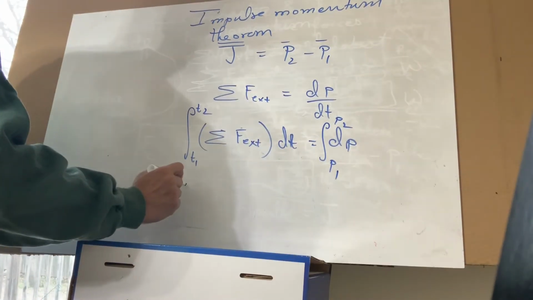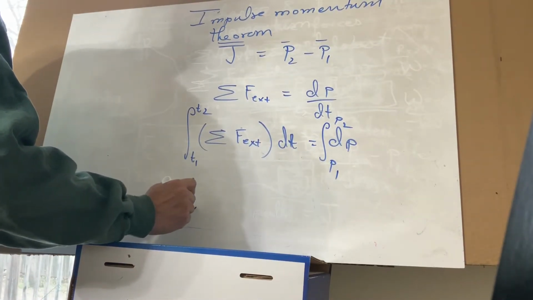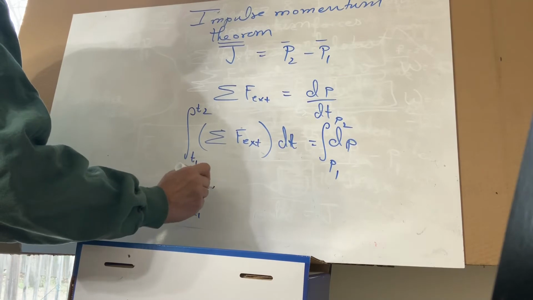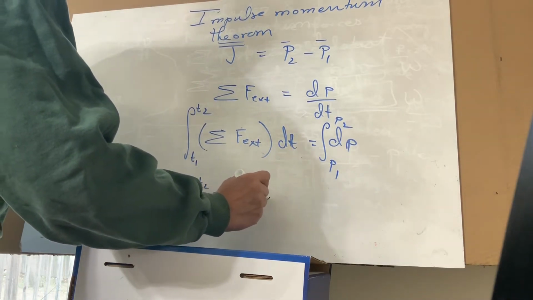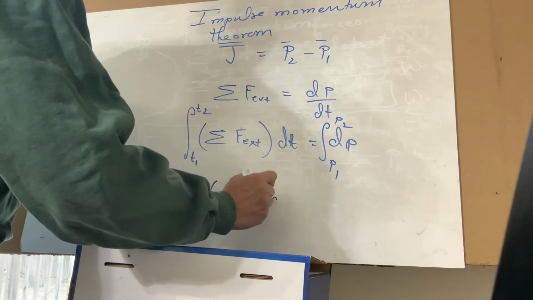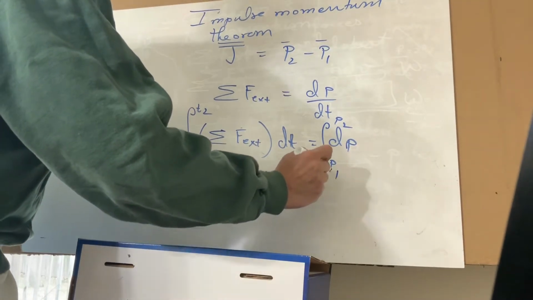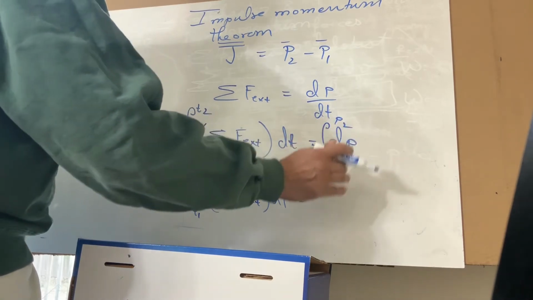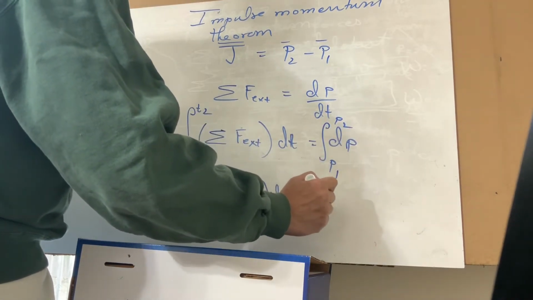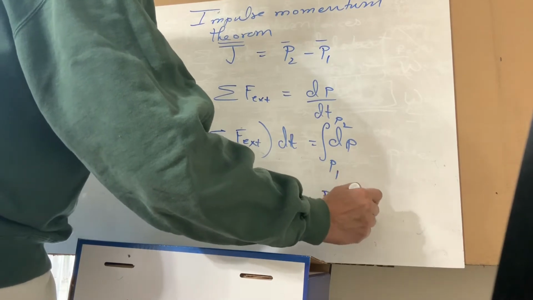So what do you get? You get the integral from t1 to t2 of the sum of all the external forces times dt is equal to, what is the integral of dp? It'll be p2 minus p1.